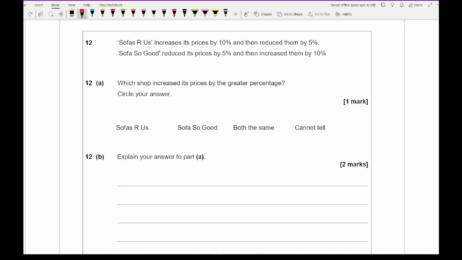So for this, I'll do part B first because it says explain your answer. If I look at Sofas Are Us and use decimal multipliers, then increasing by 10% is multiplying by 1.1, and decreasing by 5% is then multiplying by 0.95. If I work that out on my calculator, I get an answer of 1.045.